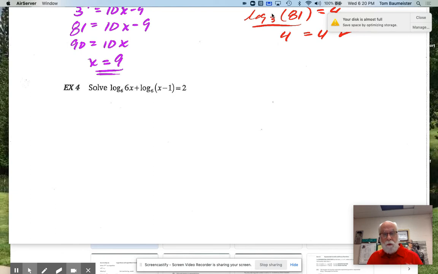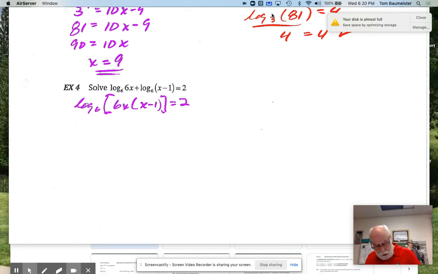So remember, what I can do is I can bring them together. That's what we learned yesterday. So I can say log to the base 6 of 6x times x minus 1 equals 2.